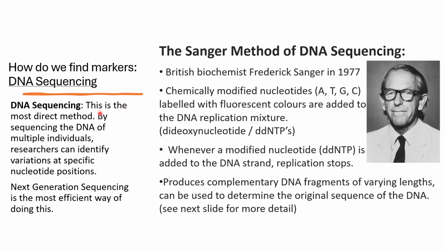This is the most direct method: by sequencing the DNA of multiple individuals, researchers can identify variations, okay? And that variation, if it holds the trait you're looking for, then it's the QTL, the quantitative trait loci, at specific nucleotide positions.